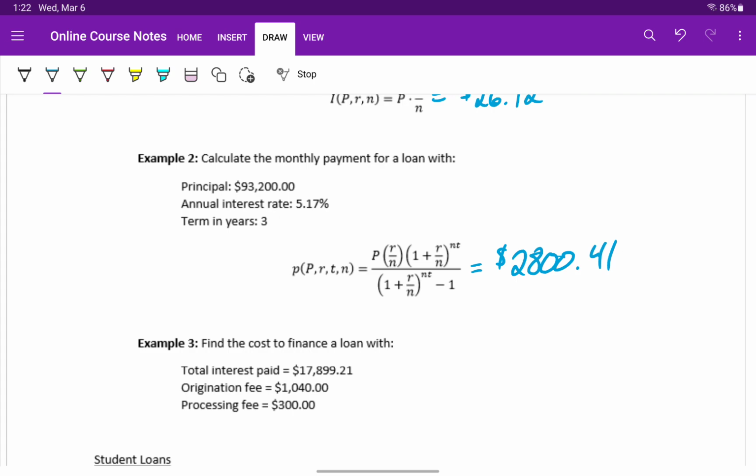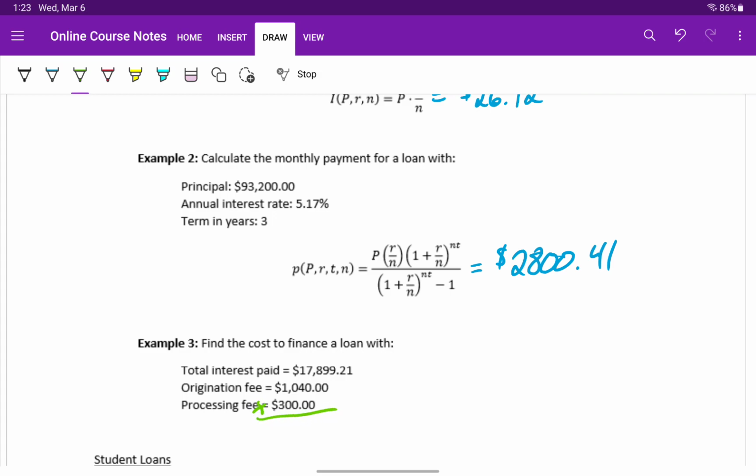In example 3, we want to calculate the cost to finance a loan. That is the total amount of money that we have to pay in order to get the amount that we borrowed. What we'll do in this case is no particular formula, just add these values up. In this case, we know the total interest that we paid on a loan, plus there were a couple of fees to establish that loan.